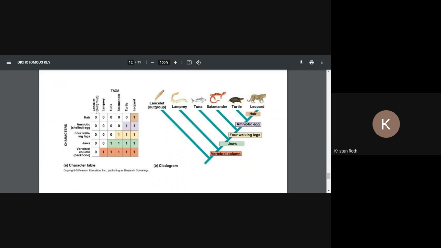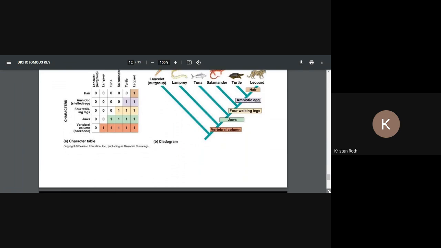But since the lancelet, maybe we've evolved to have a vertebrae now. Okay. And then we evolved to have jaws. We evolved to have walking legs. Then we evolved to have these amniotic eggs. Then we evolved to have hair because of the temperature, right? That's what's showing you here. Okay. And that's what a phylogenetic tree is.